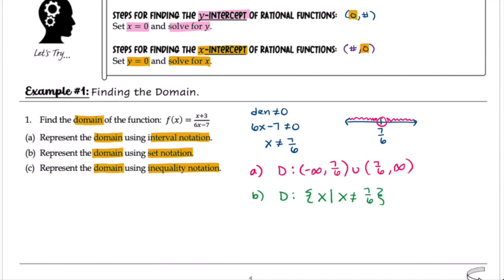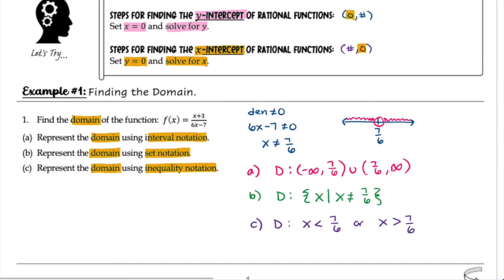And to represent your domain using inequality notation, x could be either less than 7/6, or x could be greater than 7/6, not including 7/6.